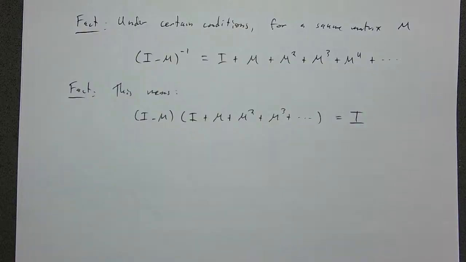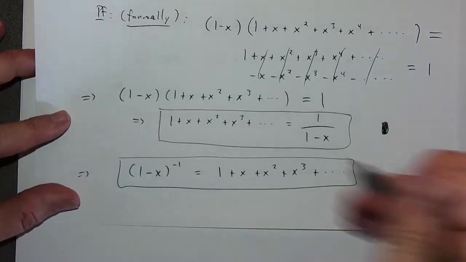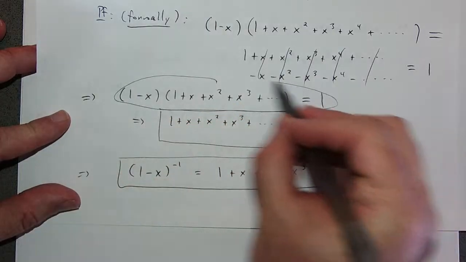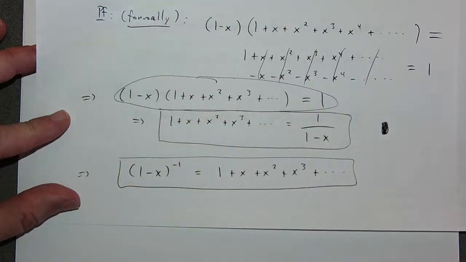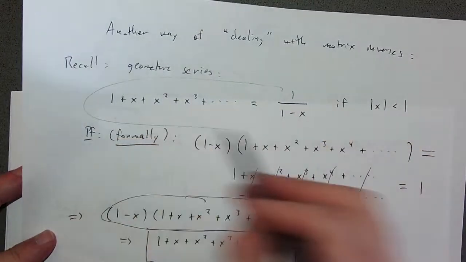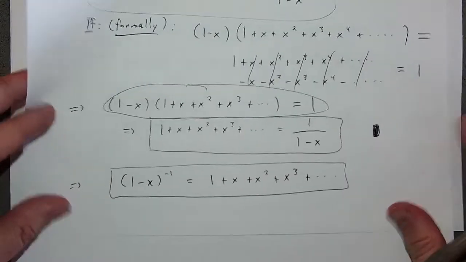Notice this is me writing this statement, or just going back to my original thing, it's me multiplying both sides by 1 minus x, or 1 minus M here.